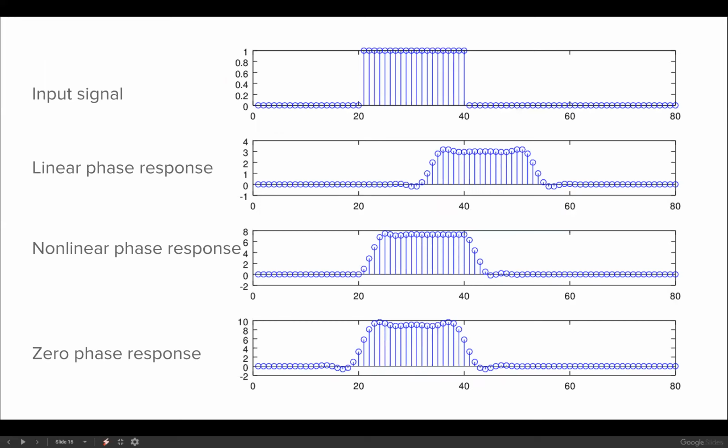So if we have a square-shaped input signal to any system, and the system has linear phase response, then you have a symmetrical output. Let me annotate that one. So you have this edge and that edge symmetrical.